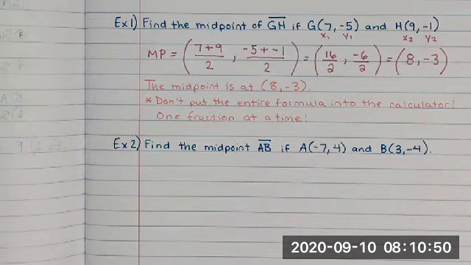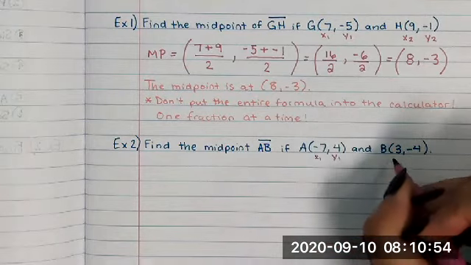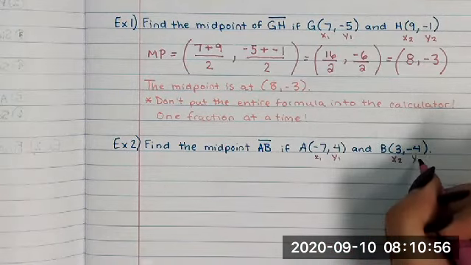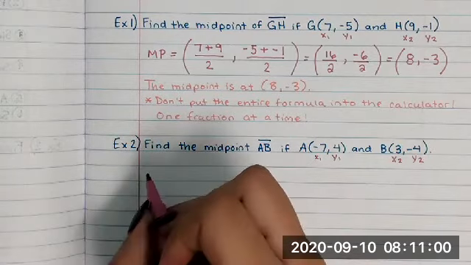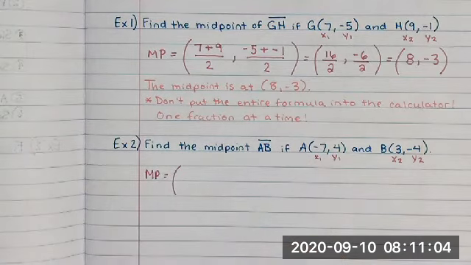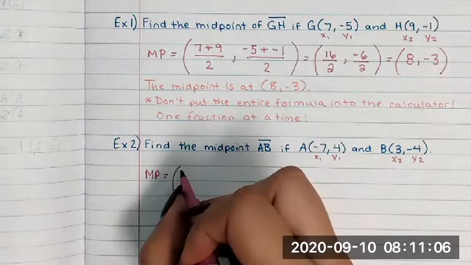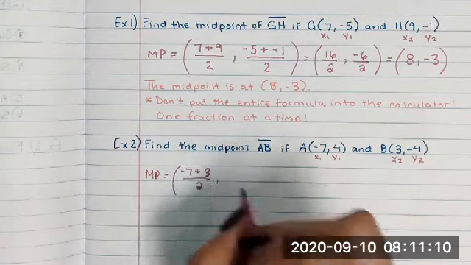So once again, if you like, you can label them x1, y1, x2, y2. It'll never hurt. It's always good practice. And then plug into the midpoint formula. Do negative 7 plus 3. That's my two x values.